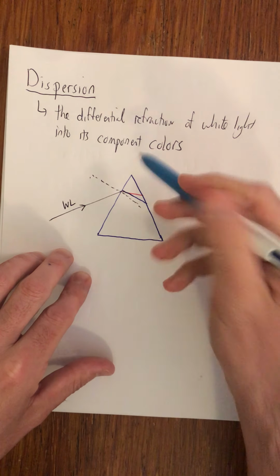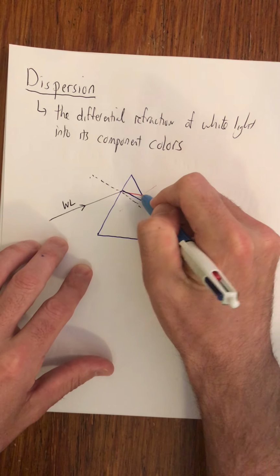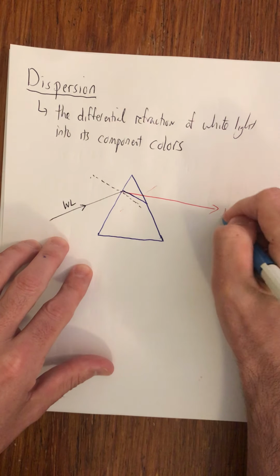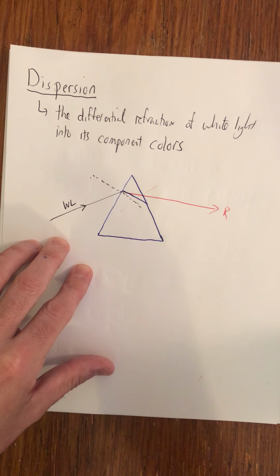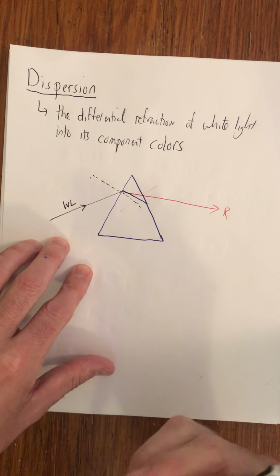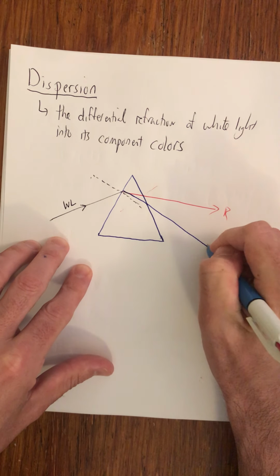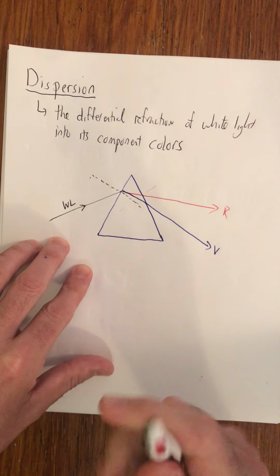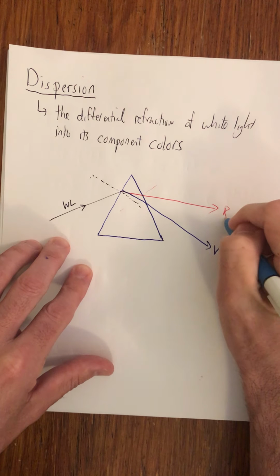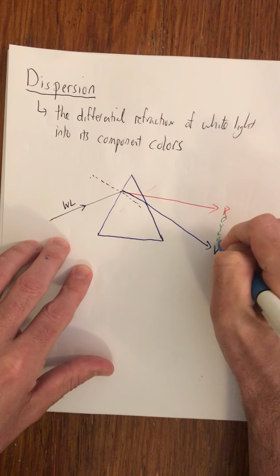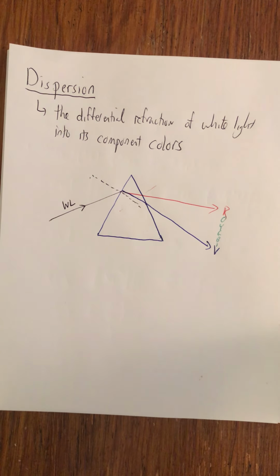And then there's another refraction here, and so there's your red light, and here would be your violet light down here, and all the colors in between. Right, red, orange, yellow, green, blue, indigo, violet, right? So that's that differential refraction.